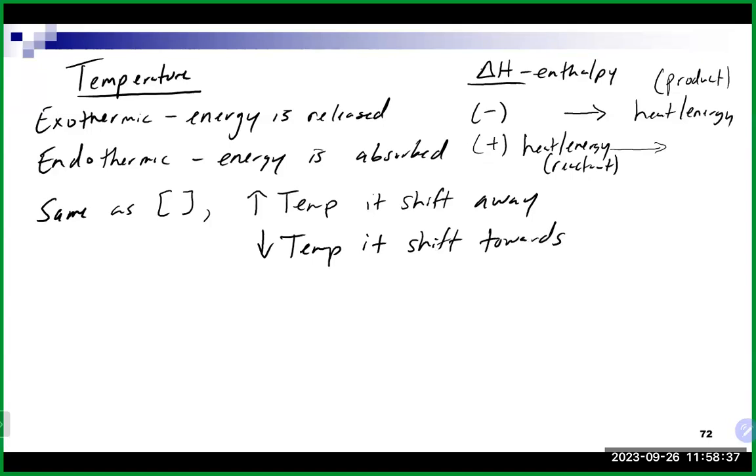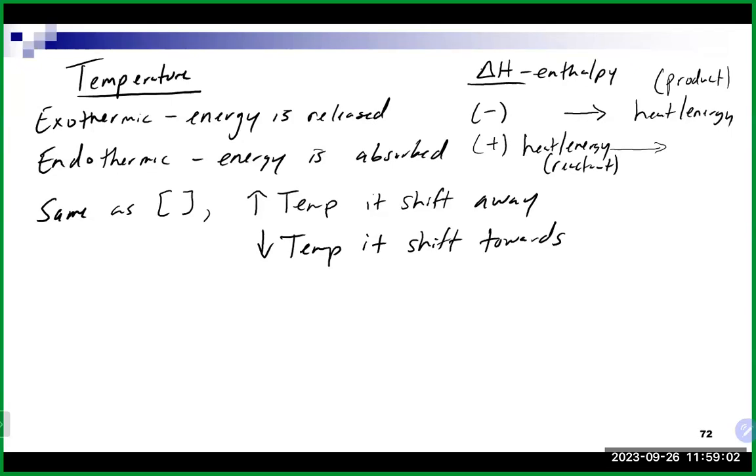Now, away and towards depend on whether it's exothermic or endothermic. If you increase the temperature of an exothermic reaction, it'll be like adding more products, and we would expect it to go towards the reactant side. If you increase the temperature of an endothermic process, it's like adding more reactants, and we would expect it to shift away.